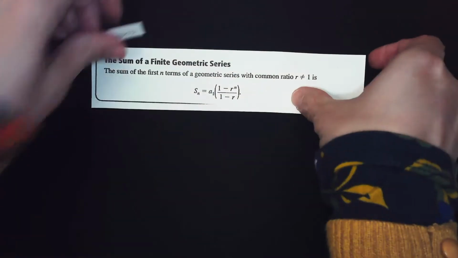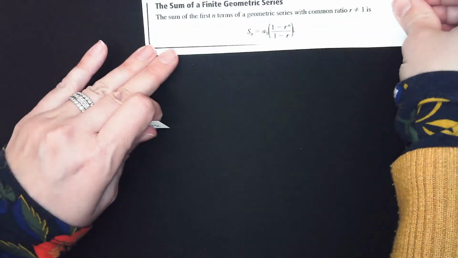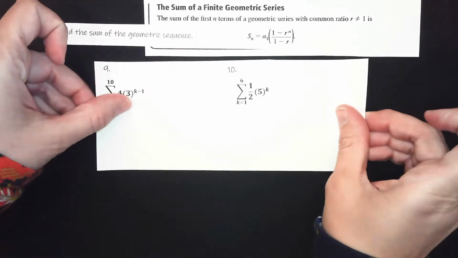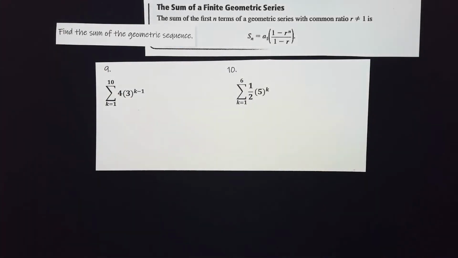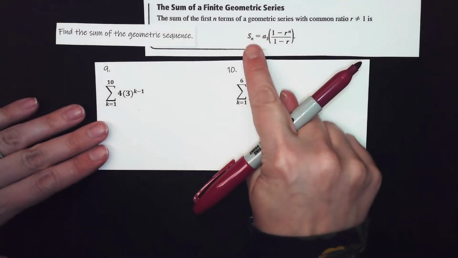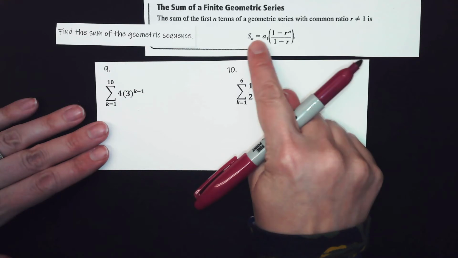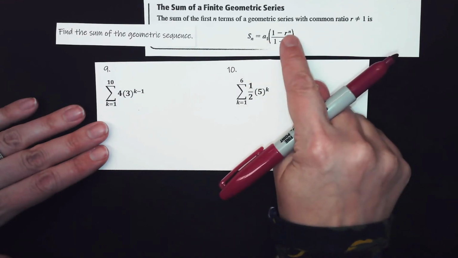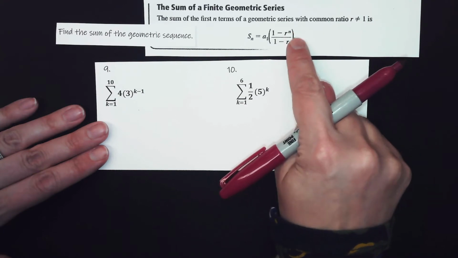So I'm going to just leave this up here so we see it as we find the sum of our geometric series. Okay, so let's start with number 10. When I want the sum, the formula needs A1, it needs R, and it needs N, and then R again.